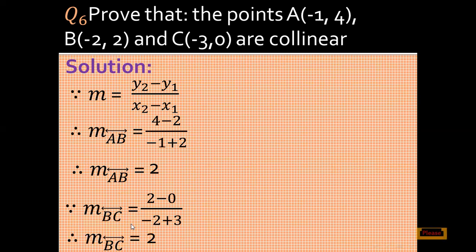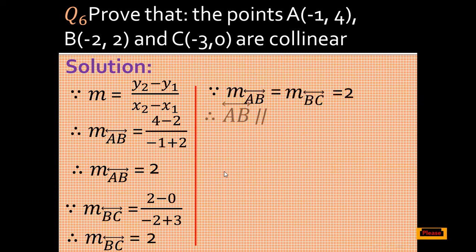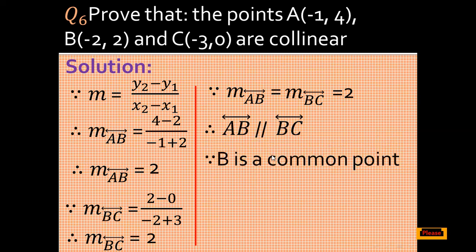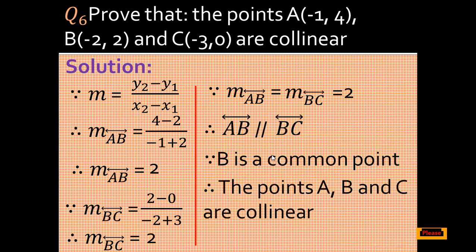Since the slope of AB equals the slope of BC and we have B as a common point between them, AB is parallel to BC. Then A, B, C are collinear.